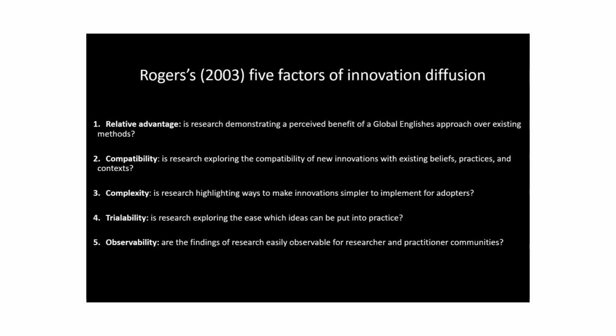And probably the last one here that I really want to focus on is observability. Lots of good work is happening in classrooms, but it might not be immediately observable. Because if people aren't reporting on it, aren't sharing these ideas, then we can't really observe what's working, what's not working. And so I think this is why networks such as ELINET really have an important potential.